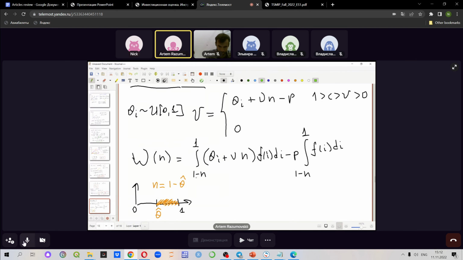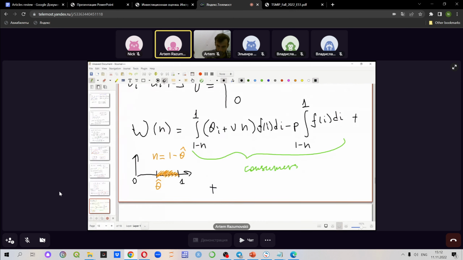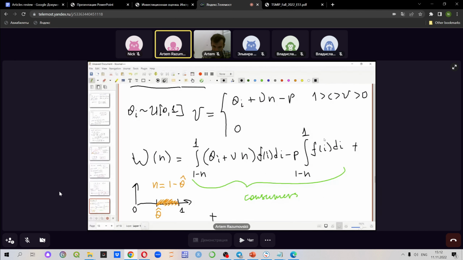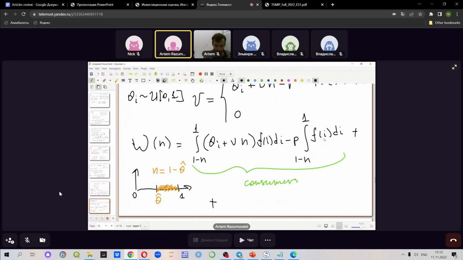And then we do the surplus of the platform. So the platform receives the price from anyone who joined. So it's exactly the same, but with the opposite sign. And then the platform pays the cost.